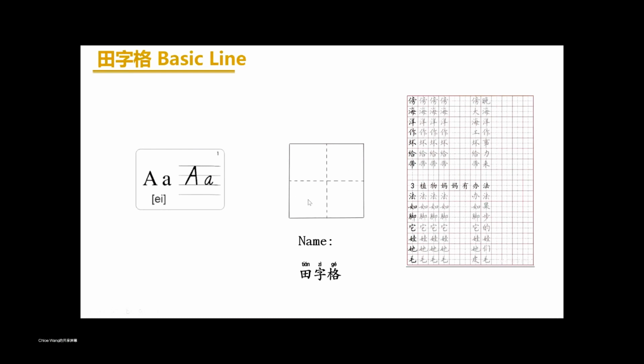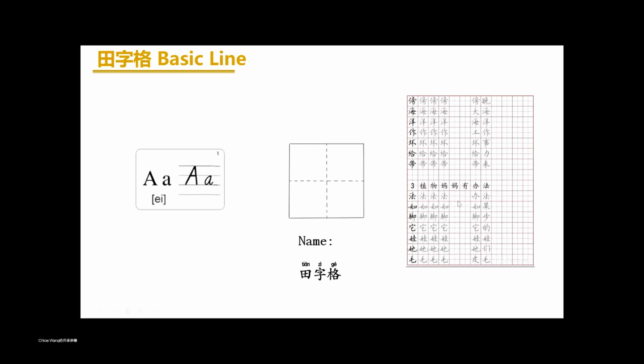And this one is the basic line of Chinese characters. Just like when we practice English characters, we use these 4 horizontal lines as the basic lines. In practicing Chinese, we use this. And the name of this basic line in Chinese is 田字格.